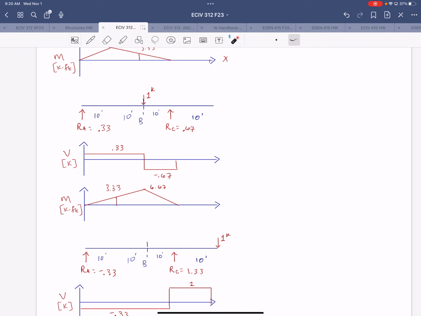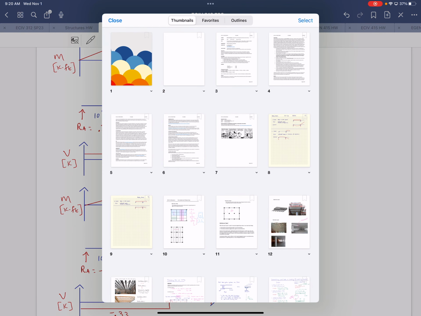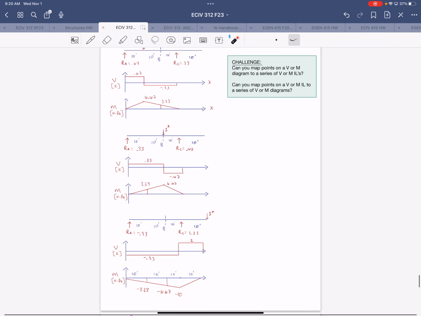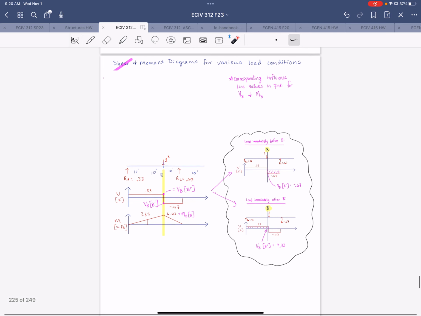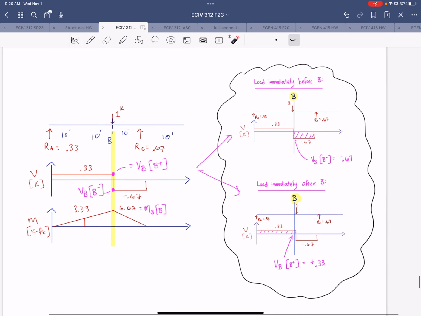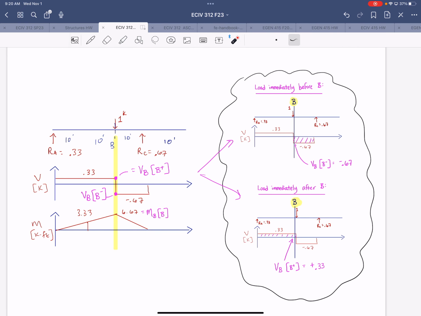And I'll show you why on the next page, which will be the solution part of this document on D2L. So when the unit load is at B, this shear diagram is representing that discontinuity caused by that unit load.